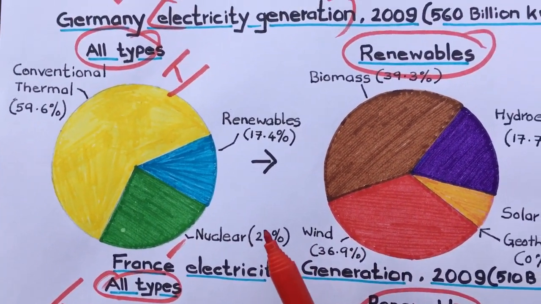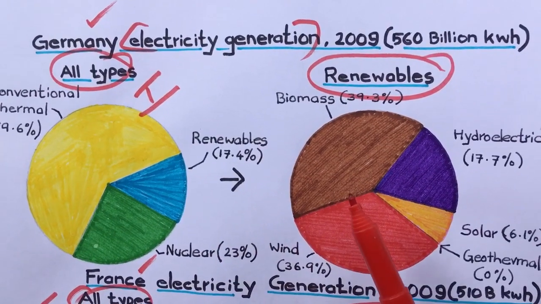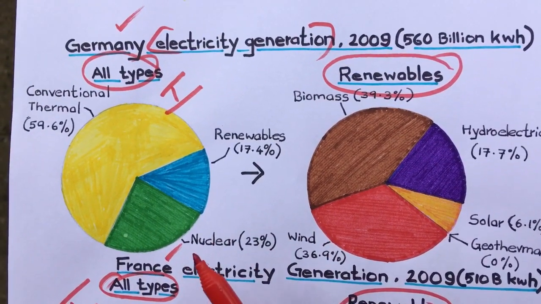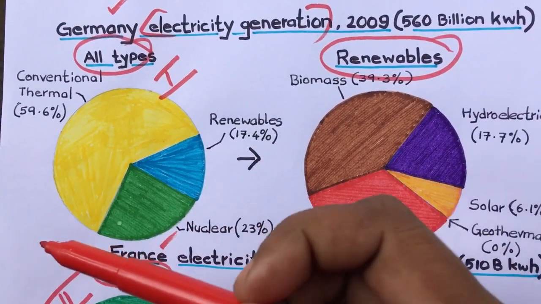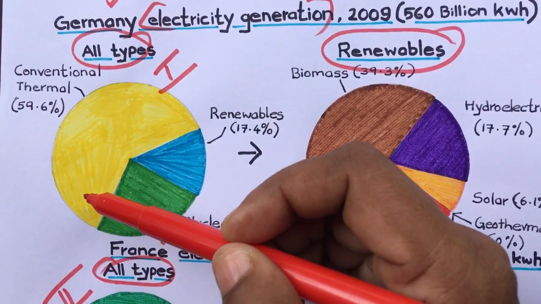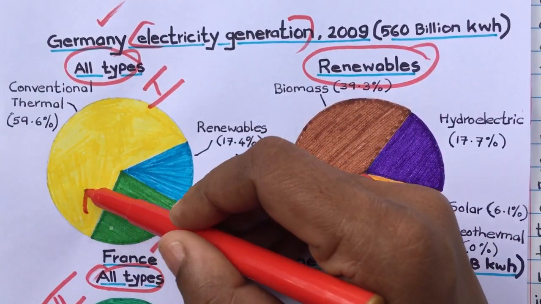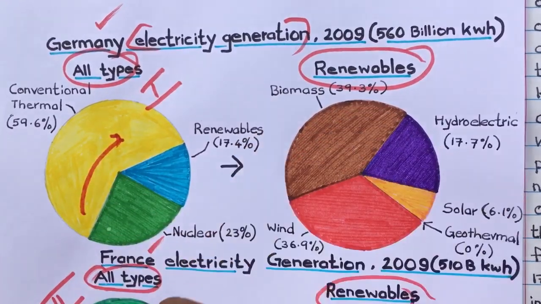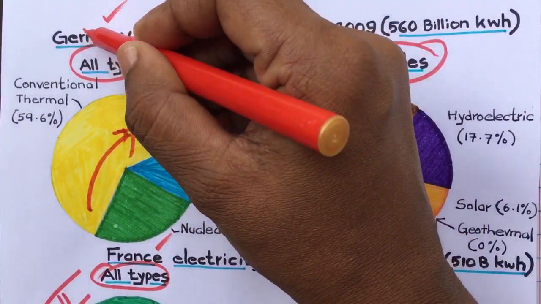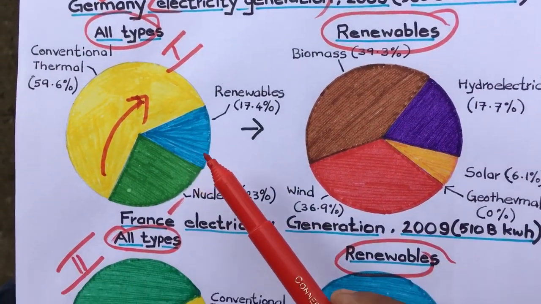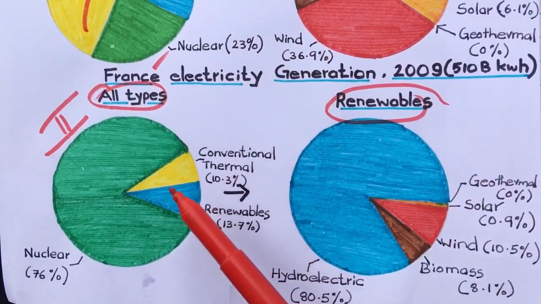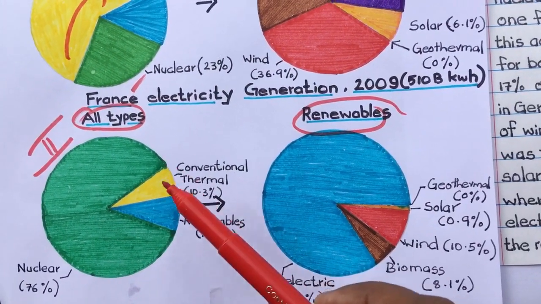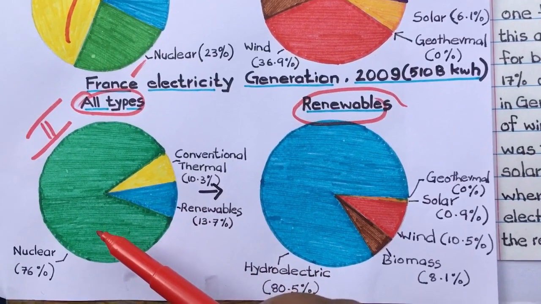Overall, what I have written: overall it can be seen that conventional thermal was the main source of electricity in Germany. Okay, and whereas, because I am going to compare, whereas nuclear power was the main source.